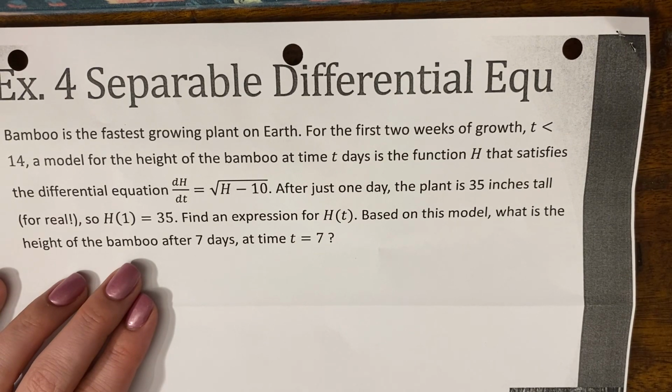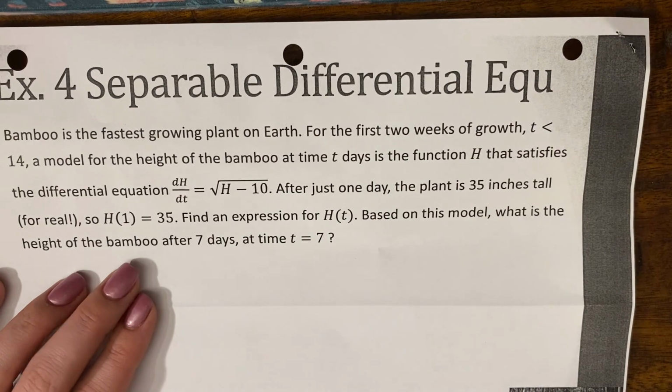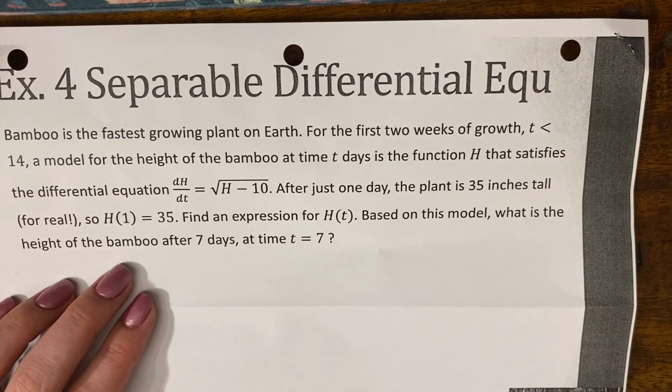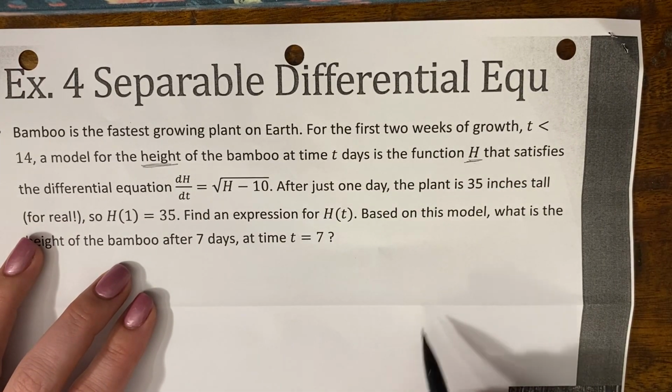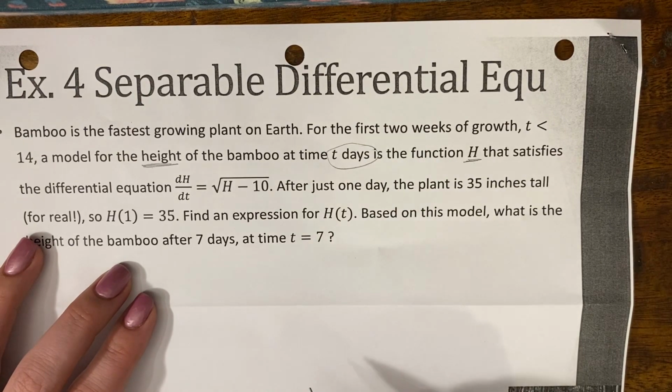For the first 2 weeks of growth, for t less than 14, right, because there's 14 days in 2 weeks, a model, so t is going to be in days, a model for the height of the bamboo at time t days, it tells us, is the function h. So h stands for the height, and t is in days.